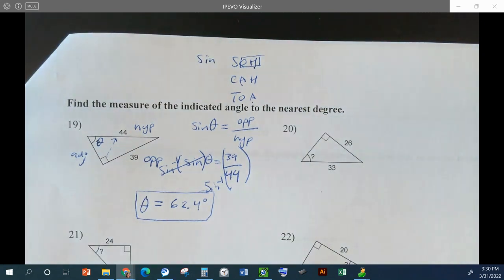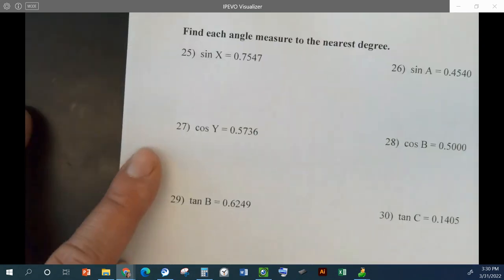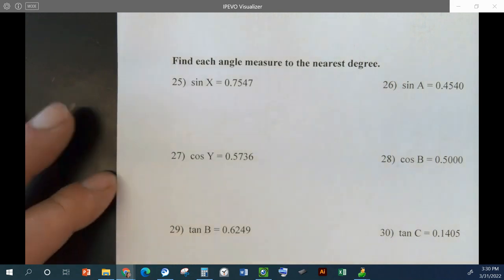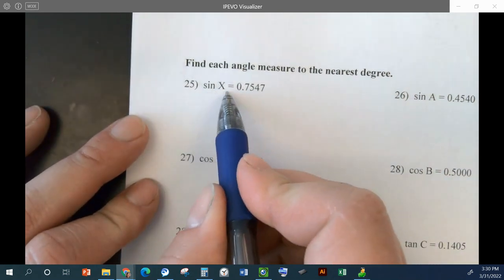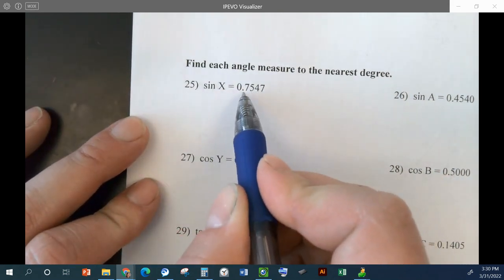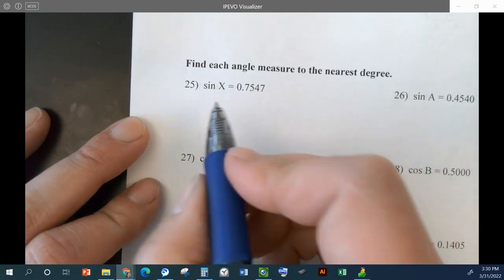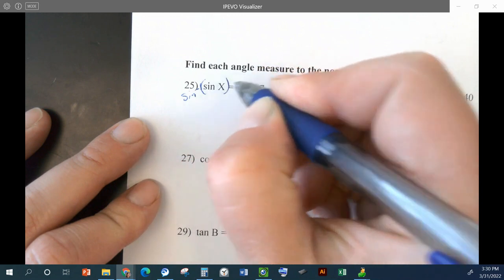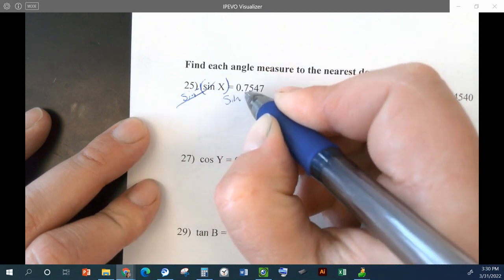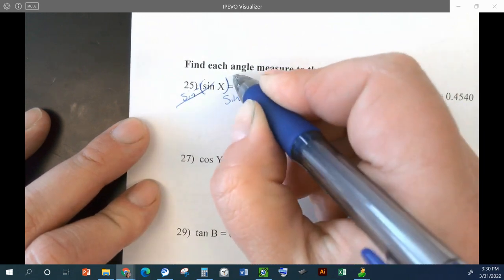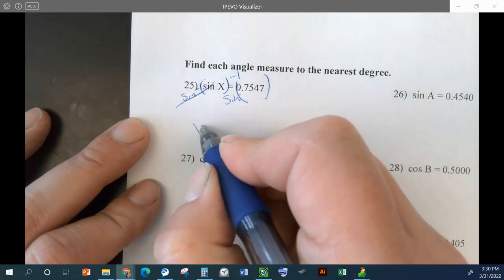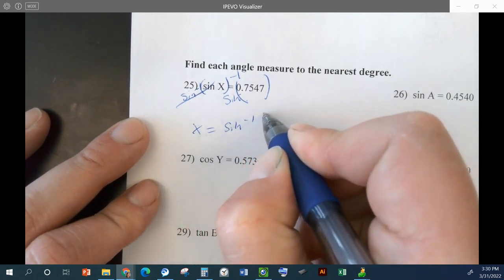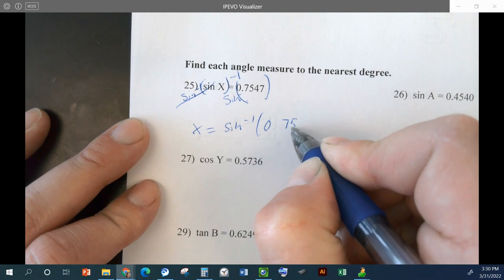Okay, last kind down here. This is also inverse sine. So if we have sine of this equals this number, all we have to do is do the sine inverse to cancel out sine and find x. So x is sine inverse of 0.7547.